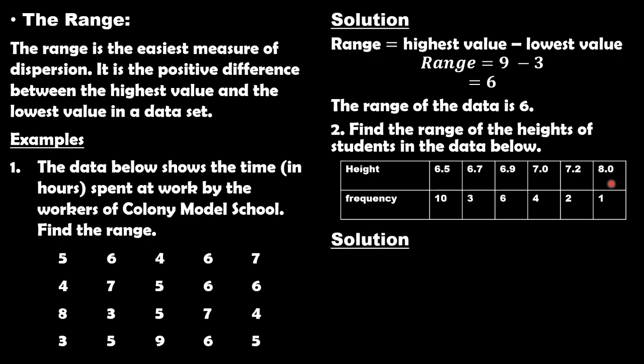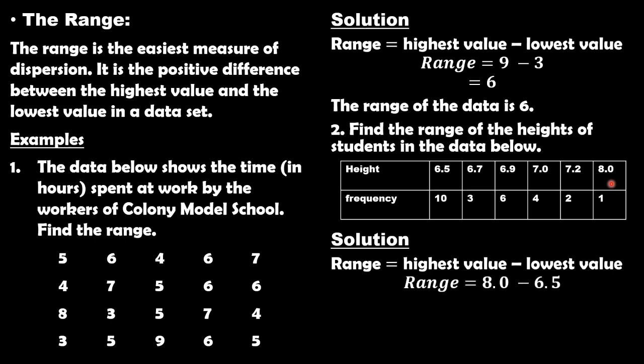Therefore, here is the solution. Using the formula range equals highest value minus lowest value, we have range equal to 8.0, which is the highest value in this case, minus 6.5, which is the lowest value in this case. Therefore, our answer is 1.5.